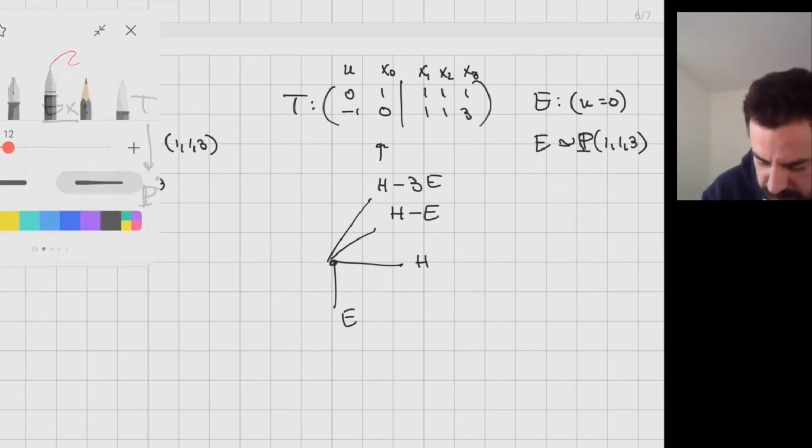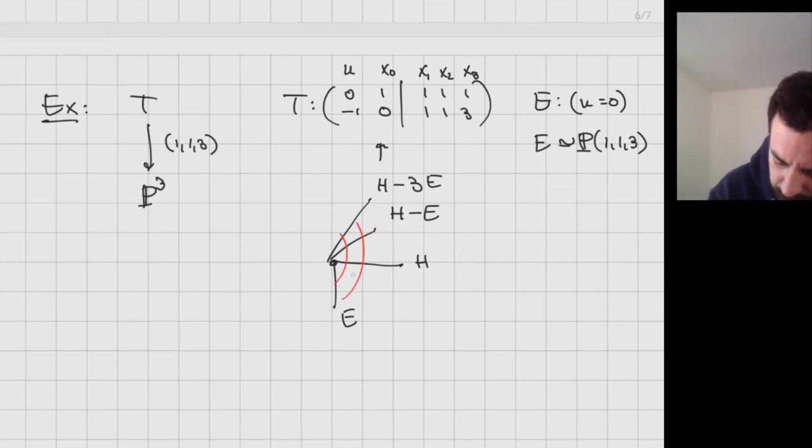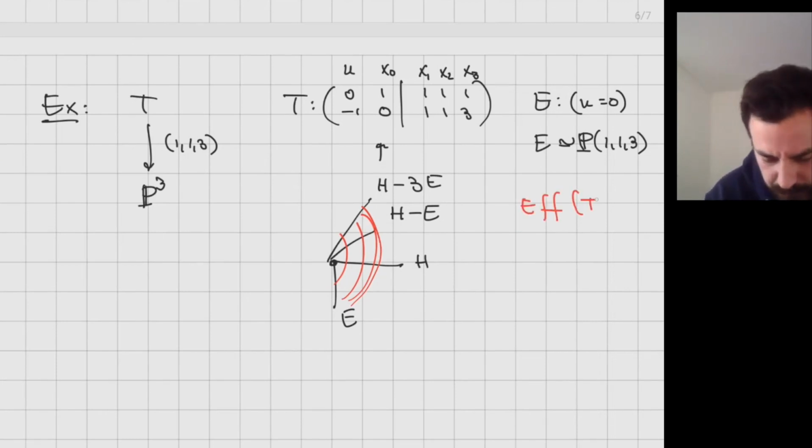Let's see if I can do this. This big thing is the effective cone of T. In yellow, I have the Nef cone of T, which happens to be equal to the movable cone of T.